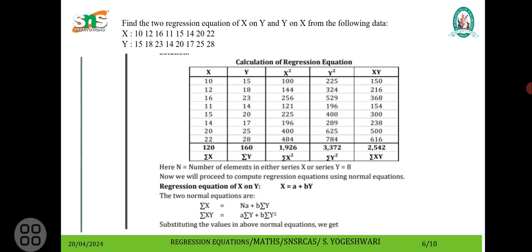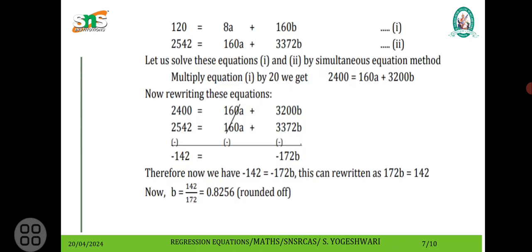Substituting the values in the above normal equations, we get 120 equal to 8a plus 160b, and 2542 is equal to 160a plus 3372b. Let us solve these equations 1 and 2 by the simultaneous equation method, multiplying equation 1 by 20.